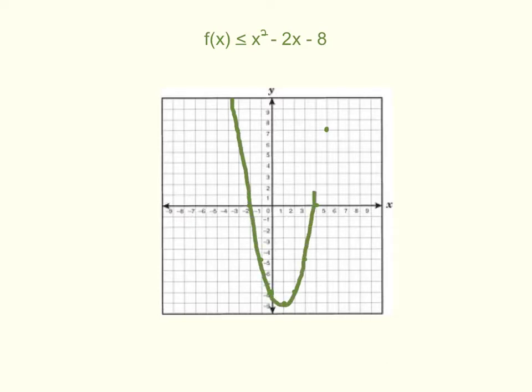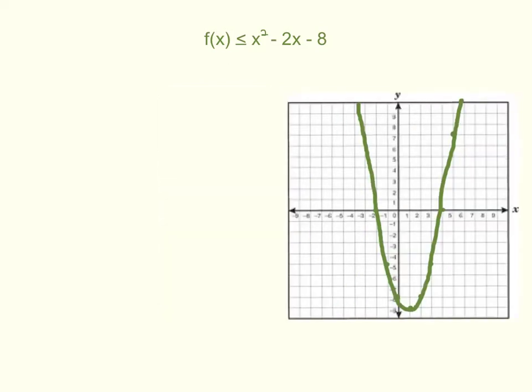And just do your best. Okay? Now that you have your solid curve drawn, we have to decide where to shade. One way to do this is to use 0, 0 as a test point. So I'm going to substitute 0 for the x and 0 for the f of x, because the f of x represents what y would equal.